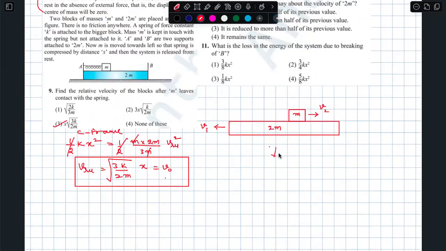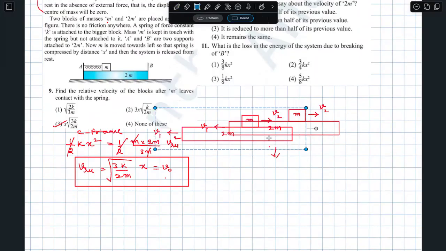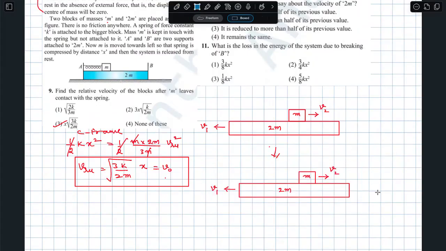From this stage, you are reaching a stage where V2 dash, V1 dash.